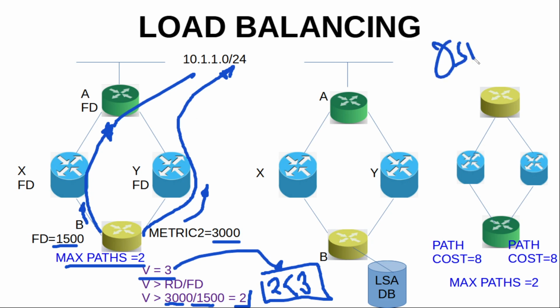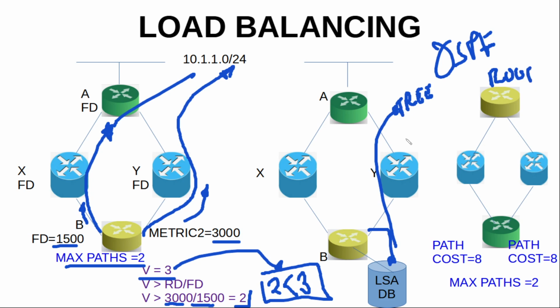Now for OSPF, remember that we are going to synchronize our link state database. We are going to then create a tree in memory, and then we are going to place ourselves as the root of this tree, and then we are going to run the Dijkstra algorithm, and then we are going to calculate the summation of cost for all the paths.